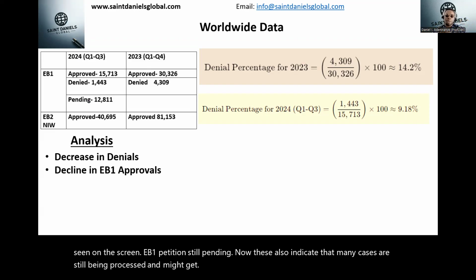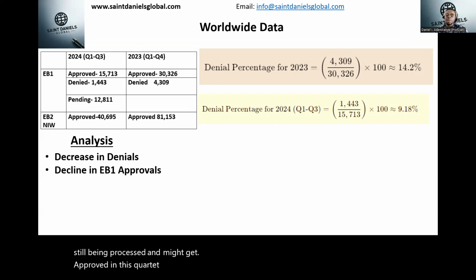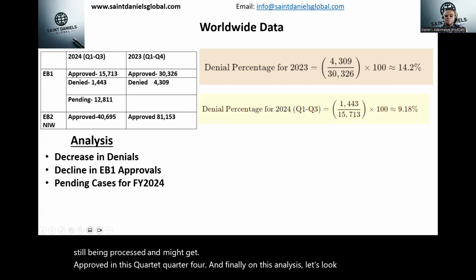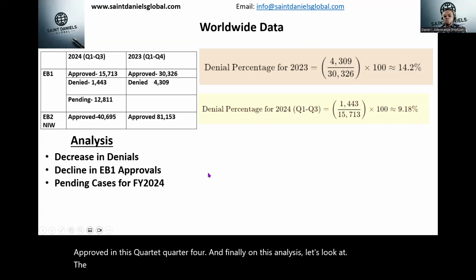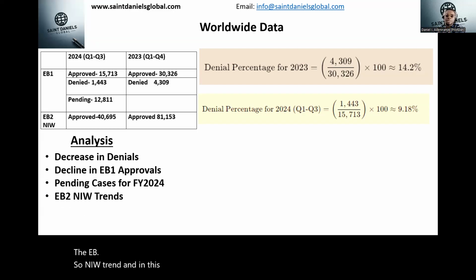And finally, on this analysis, let's look at the EB2 NIW trend. In this case, you would see that in fiscal year 2023, 81,153 EB2 NIW cases were approved.